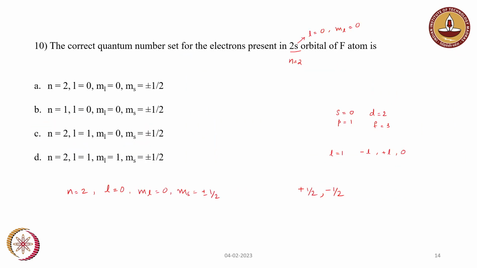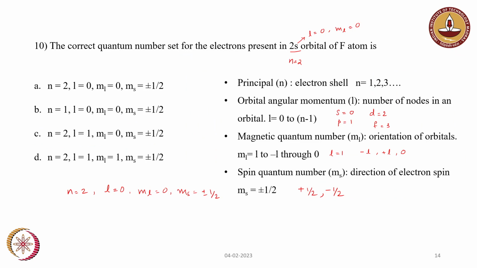And next we discussed quantum numbers, and how we calculate quantum numbers for the 2s orbital of the F atom. Basically there are 4 quantum numbers. The principal quantum number denotes the electronic shell. It varies from 1, 2, 3 and so on, and it has only positive integers.